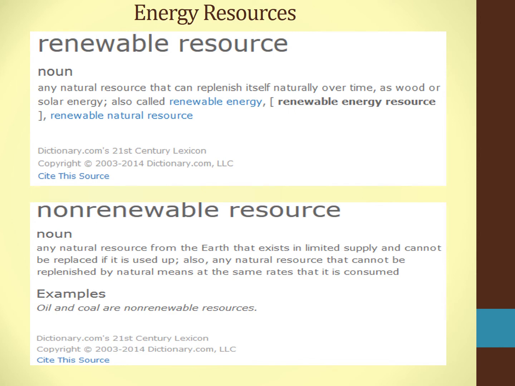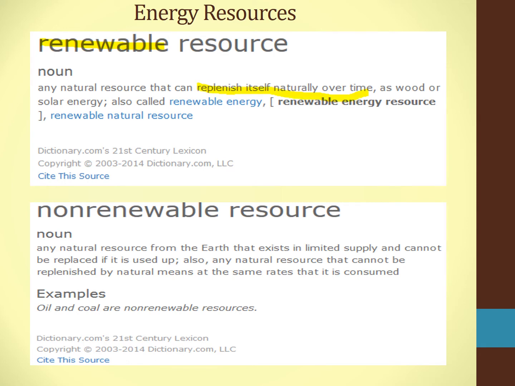So in this unit, we're going to be talking about energy resources. There are two types of energy resources, renewable resources, and there's also non-renewable resources. These are two of the words that you will see throughout the whole unit. So we know that, let me grab my highlighter, a renewable resource is any resource that can be replenished over time.